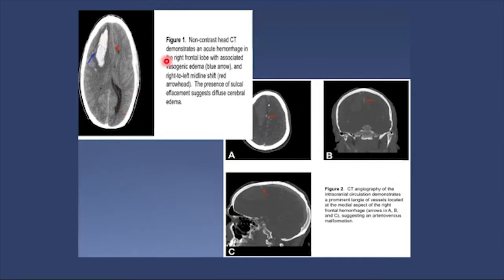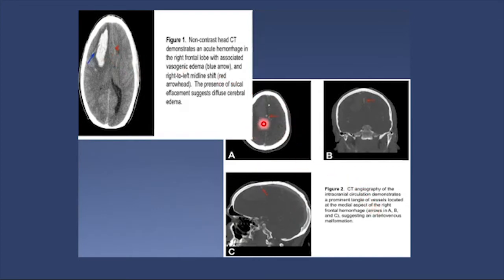In this non-contrast CT, you can see in the right frontal lobe a huge hyperdense lesion with surrounding edema, with a midline shift and obliteration of the lateral ventricle on the same side. There is also effacement of the sulci on this side if you compare it with this side. The midline shift is pointed out by the red arrow.